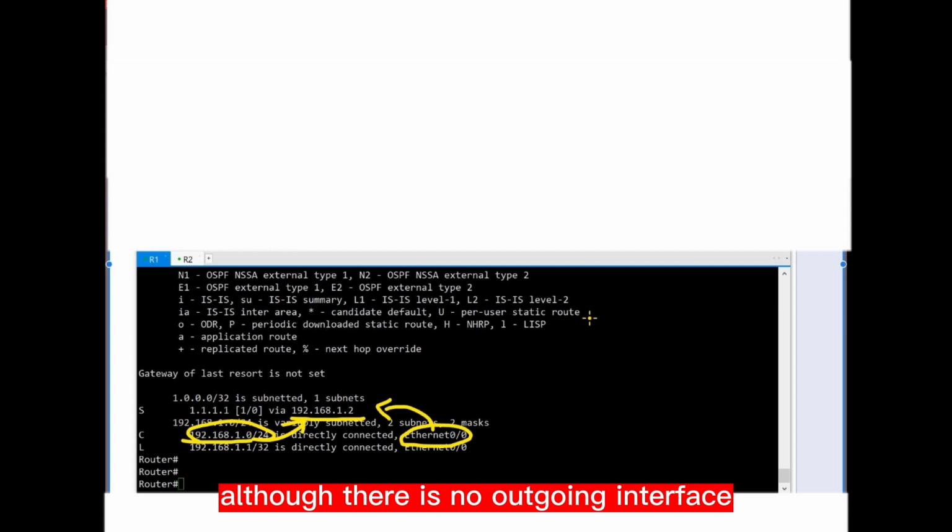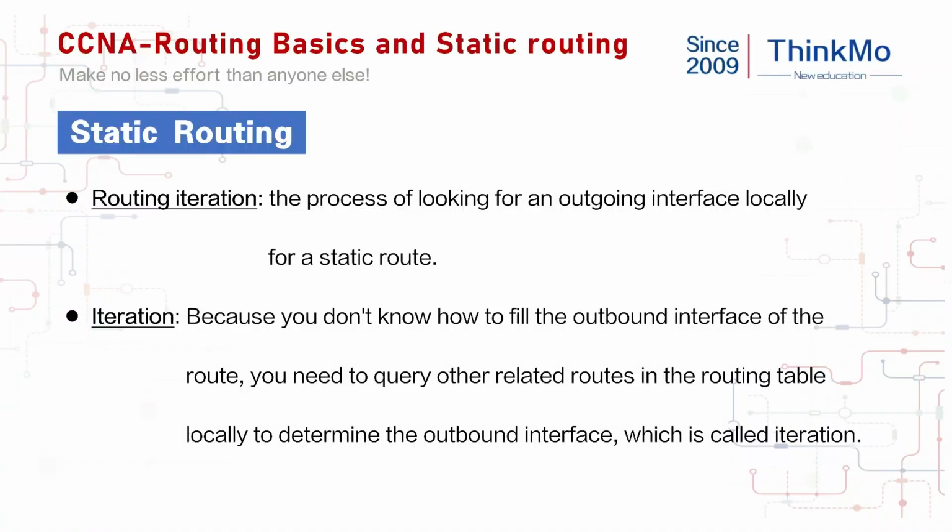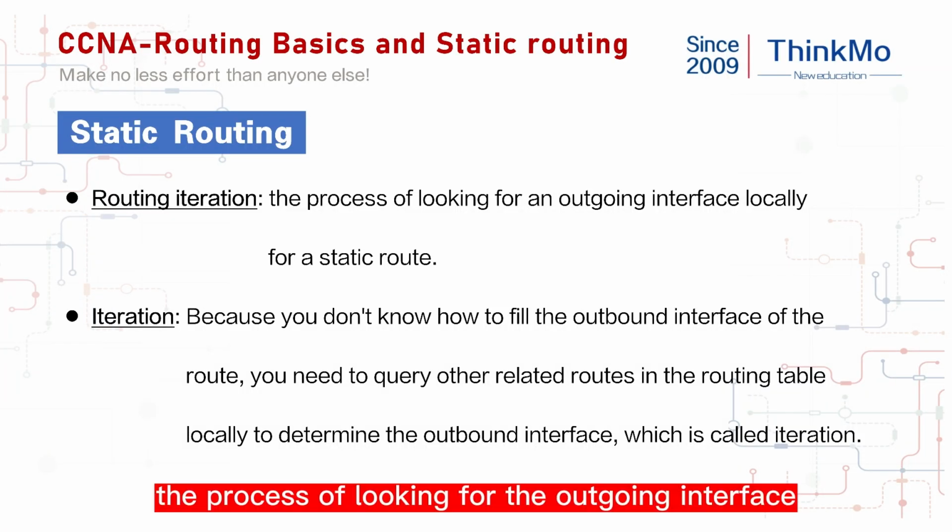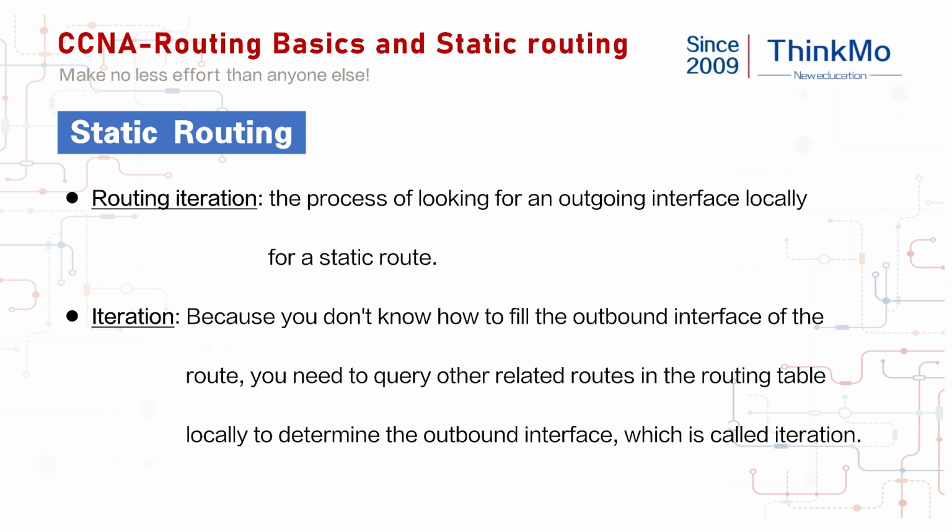Although there is no outgoing interface written, in fact, when forwarding, there is one. The process of looking for the outgoing interface of the static route locally on the device is called route iteration.